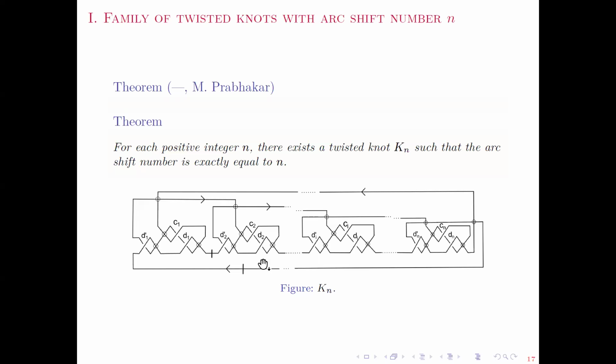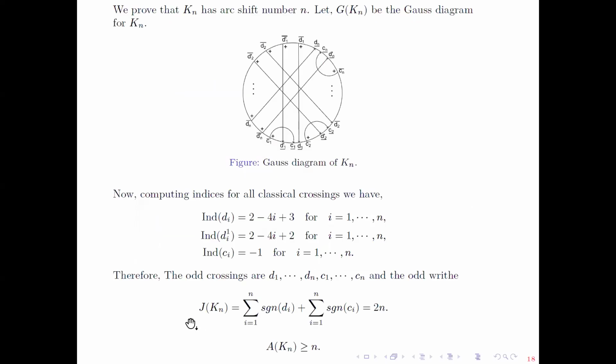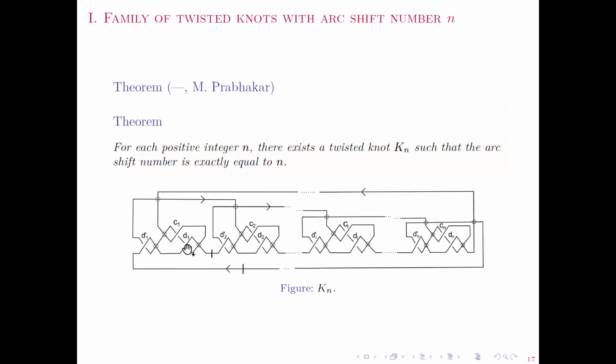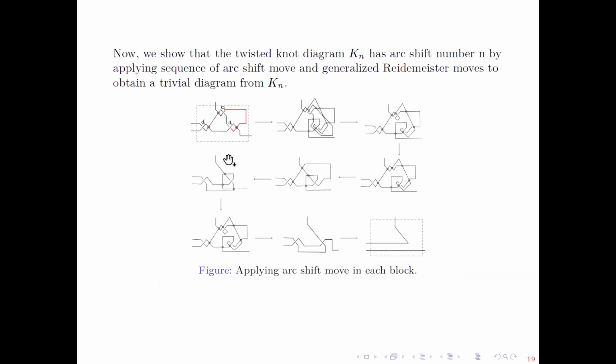How it has been proved: first we computed the odd writhe, which is 2n in this case, which gives us the lower bound n. And if we can show that there is a diagram with n moves needed to transform it to a trivial diagram, then we can say the arc shift number is n. You see that this block has been repeated. If you apply the arc shift move on this red arc, there is a classical crossing Ci and a virtual crossing.